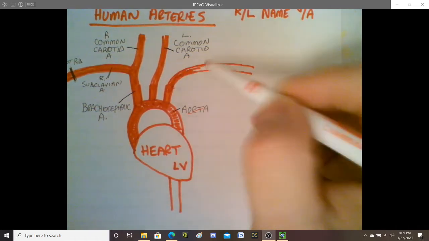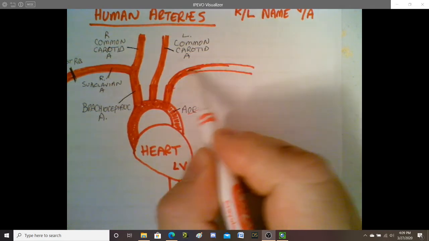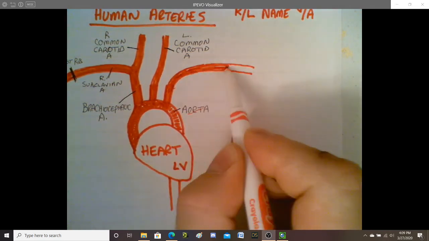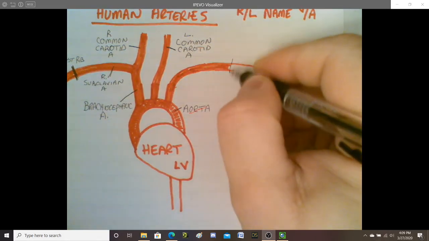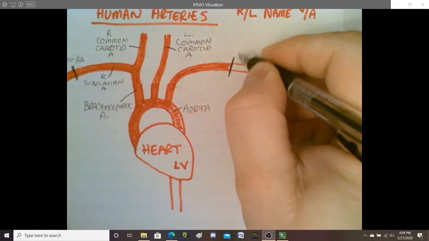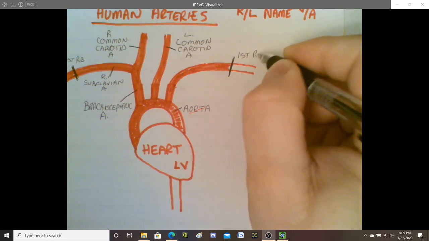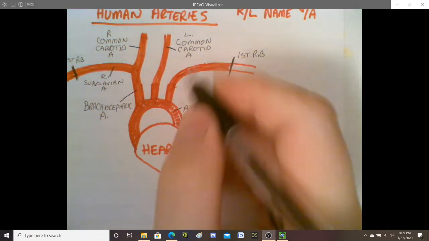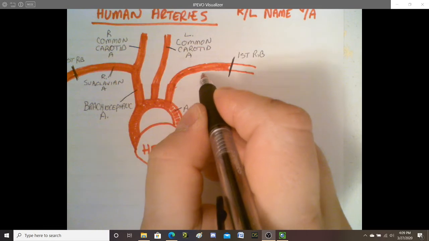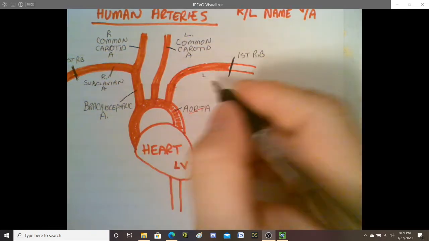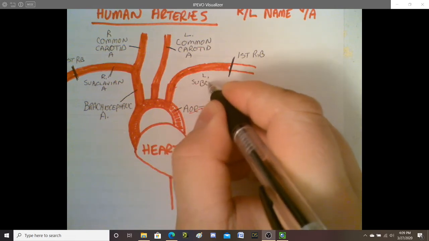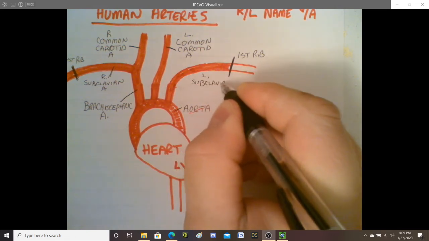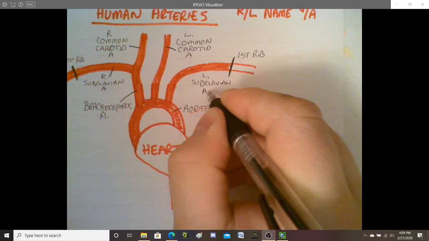So this is the left subclavian. And it's going to go to the first rib. All right, so I'm going to label this left subclavian artery.